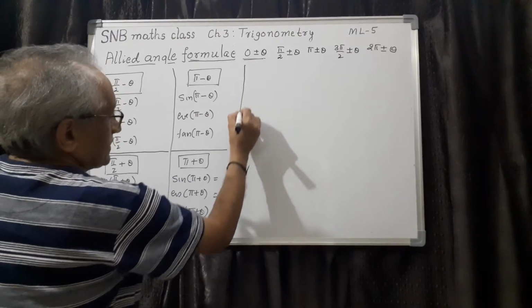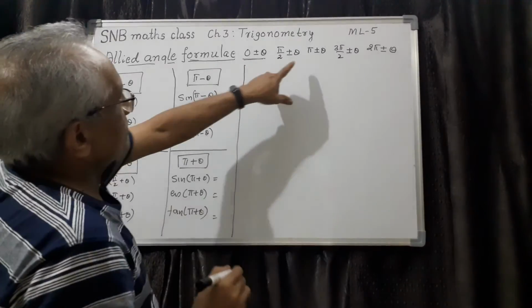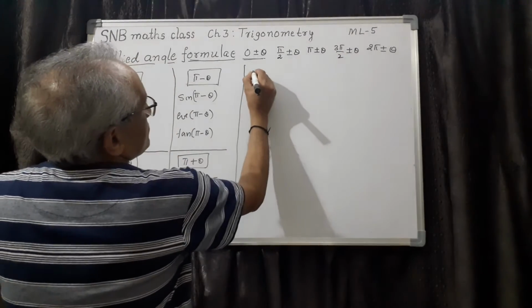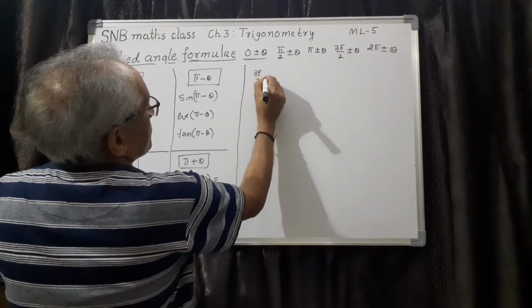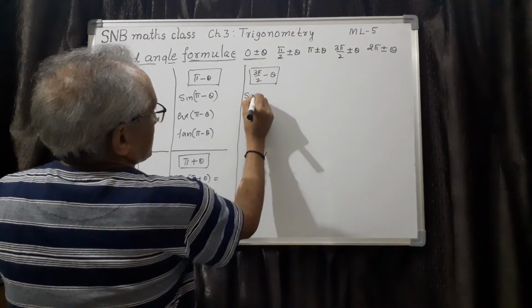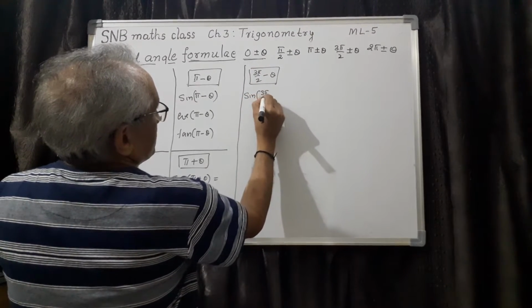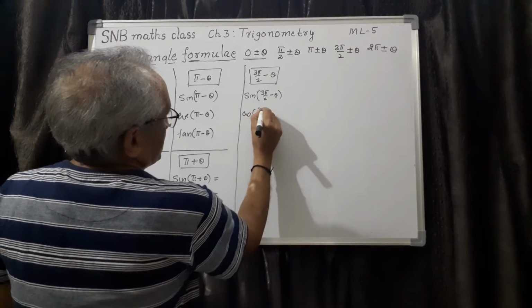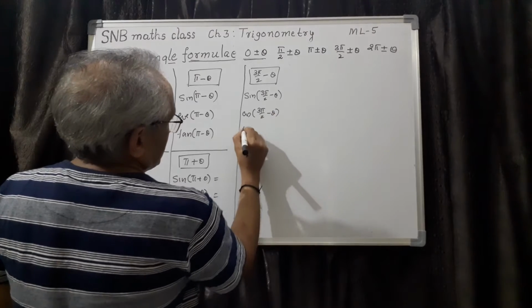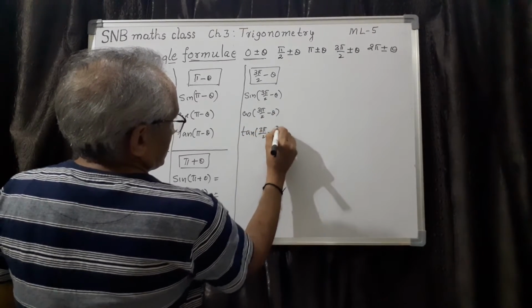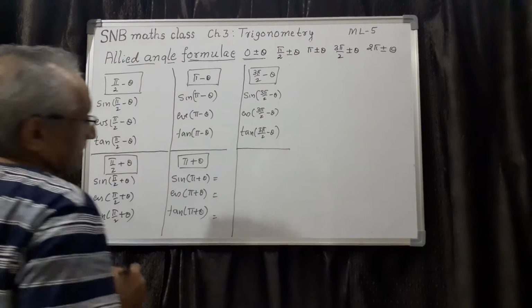Then we will take the next one. Same thing after this one. Here also first minus we will take, then we will take plus. So the 3 pi by 2 minus theta set. For this one once again sine of 3 pi by 2 minus theta, cos of 3 pi by 2 minus theta, tan of 3 pi by 2 minus theta. This is the next one.